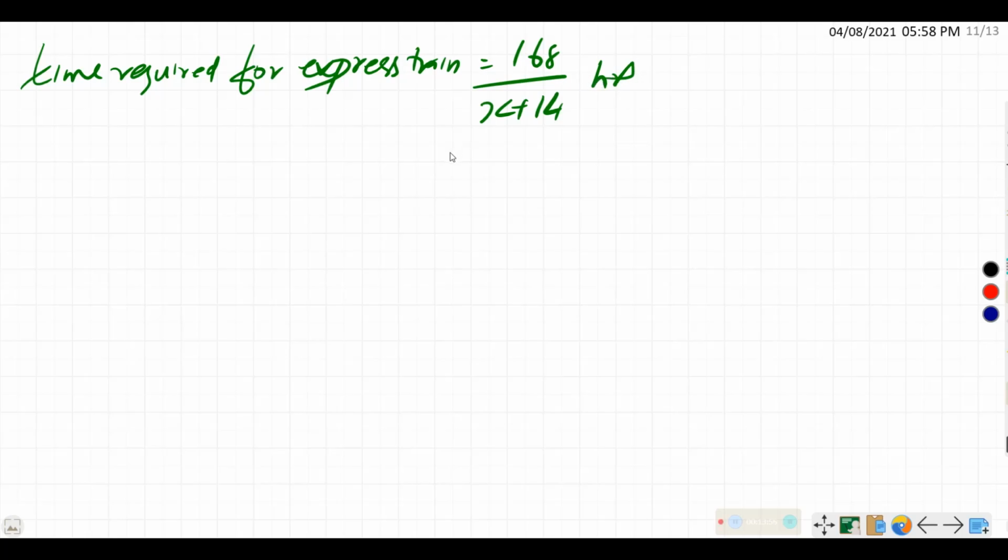So this will be the time. Now you can create an equation comparing both, because we know that there is a difference of 1 hour. So that we will make use of here.